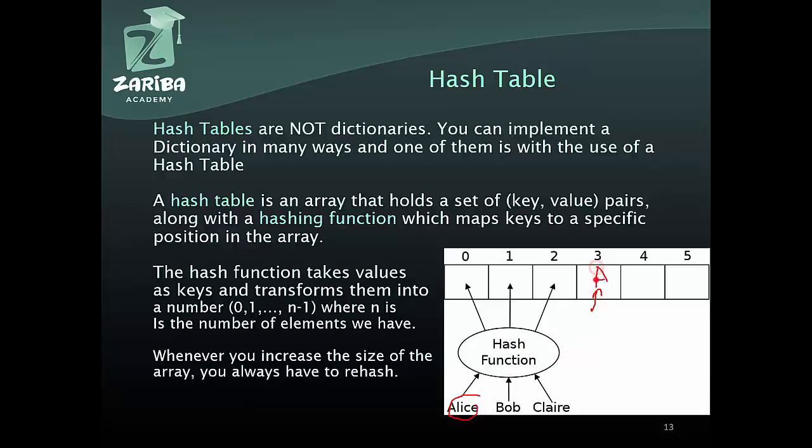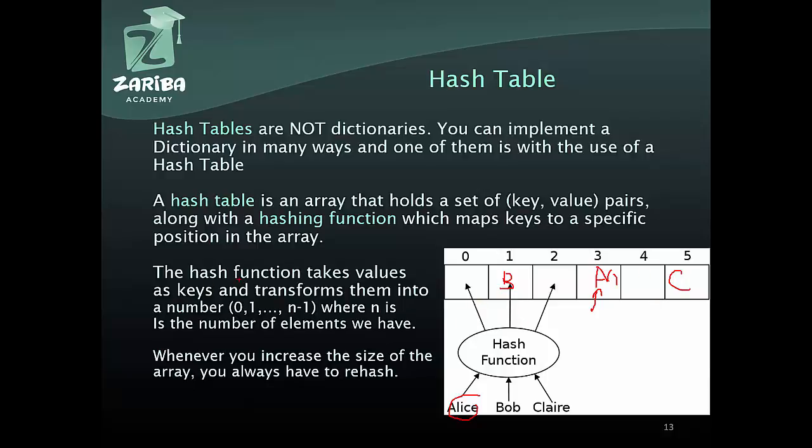And here we put Alice along with its value, which we don't care about now. Then Bob comes in and we do his hash, and he's let's say at 1. So this is Bob, and then we go to Claire, and let's say that she is at like here. That's how it's done in order. Is that clear?